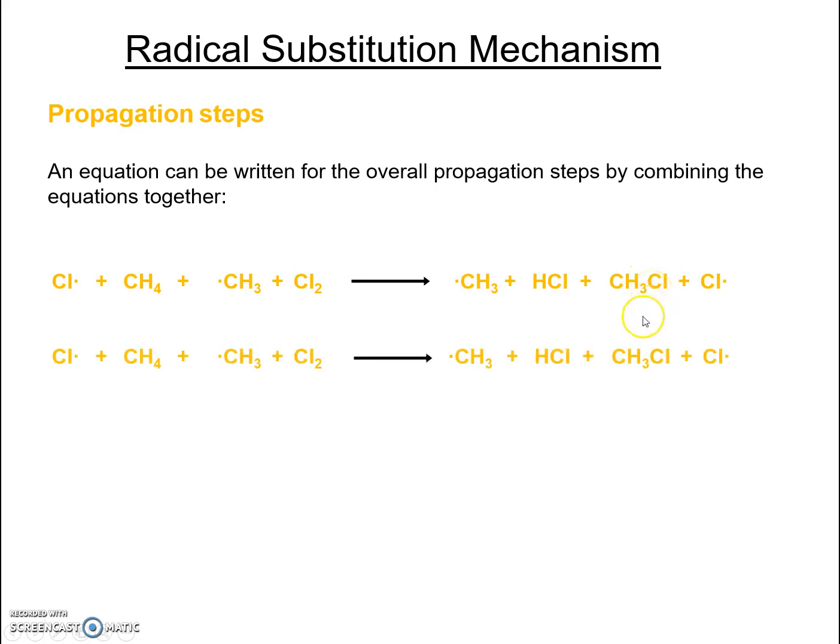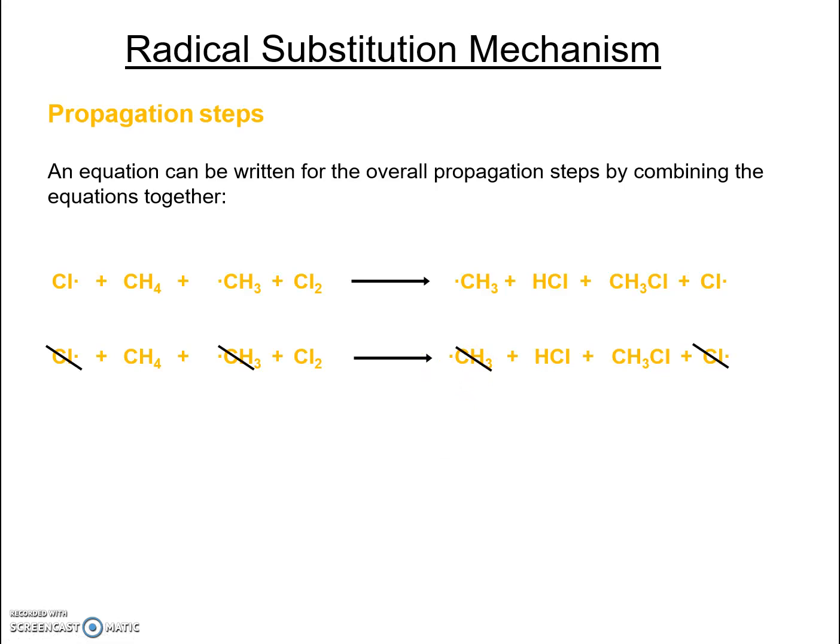Once we've got this equation, we can start to cancel out any terms which appear on both sides of the equation. So you can see here we've got chlorine radicals on either side, so we can get rid of them. We also have methyl radicals on either side. We can get rid of them.